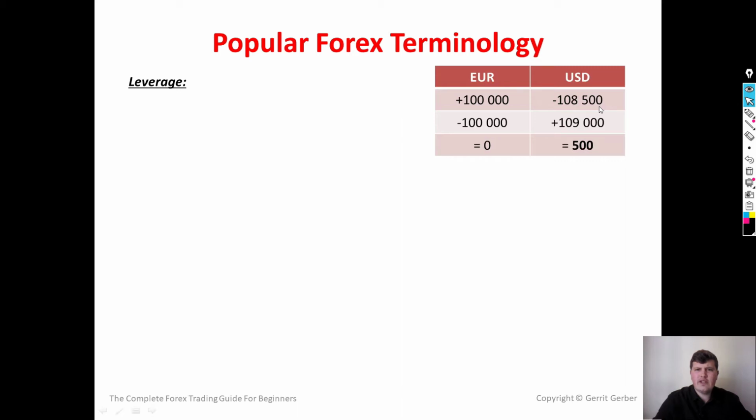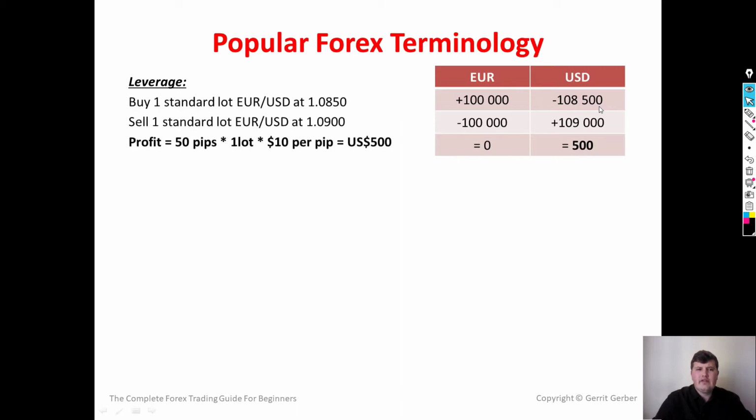Moving on to leverage. If you take this example, you buy one standard lot of Euro USD at this particular quote of 1.085, and you sell it later on when the market has increased to 1.09, then you will have a profit of $500.